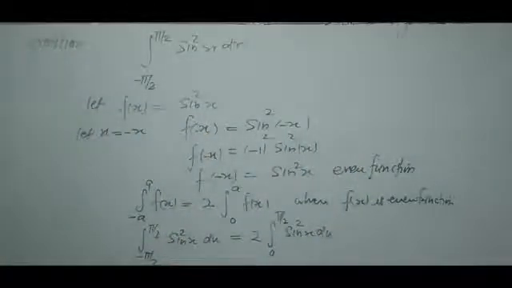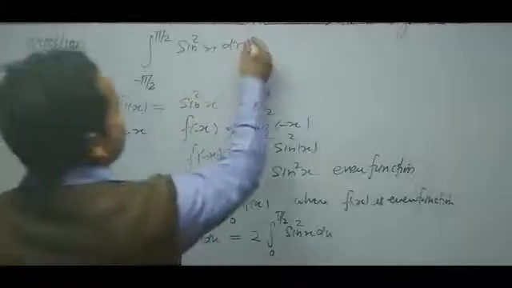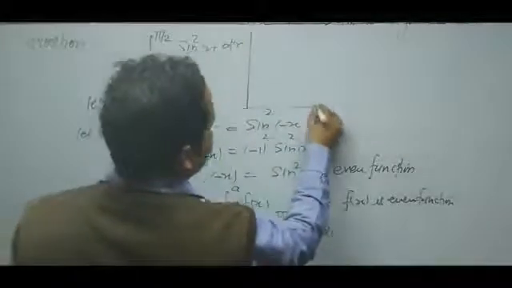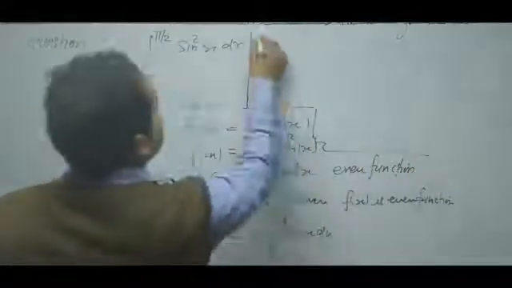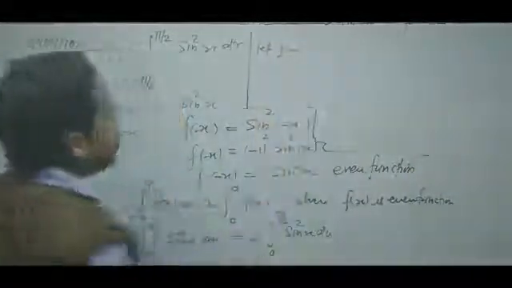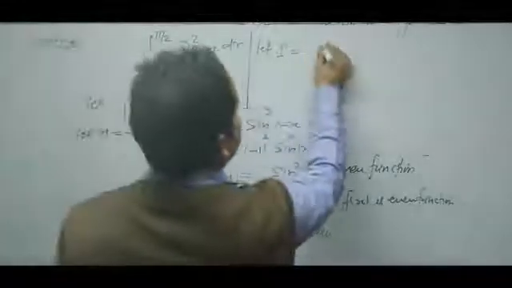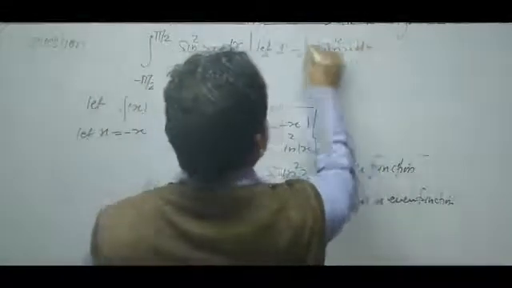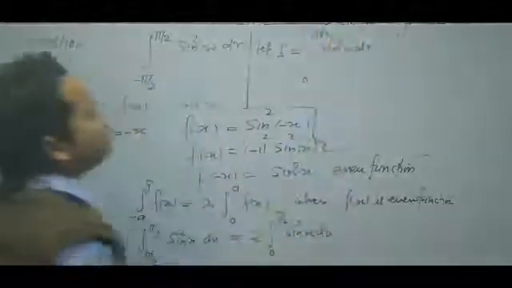And now sine square x, you know, is also (1 minus cos 2x) by 2. Now see, this one we can also write, suppose this is I. Let I is equal to integration of sine square x from 0 to pi by 2.